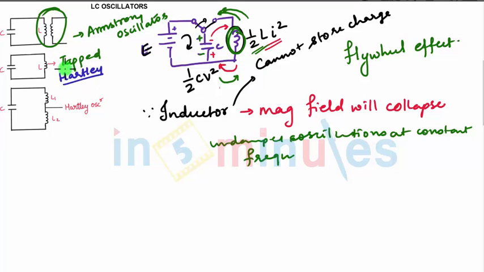So they use a tapped coil, and again you can have the inductor split into two parts, L1 and L2. In the same circuit, instead of one inductor we divide it into two parts, and again it is a Hartley oscillator. So this is how the simple circuit is modified to get different types of oscillators at different frequencies.